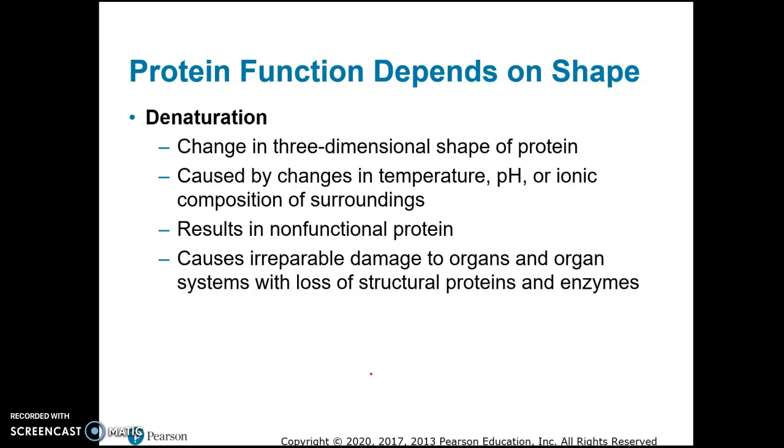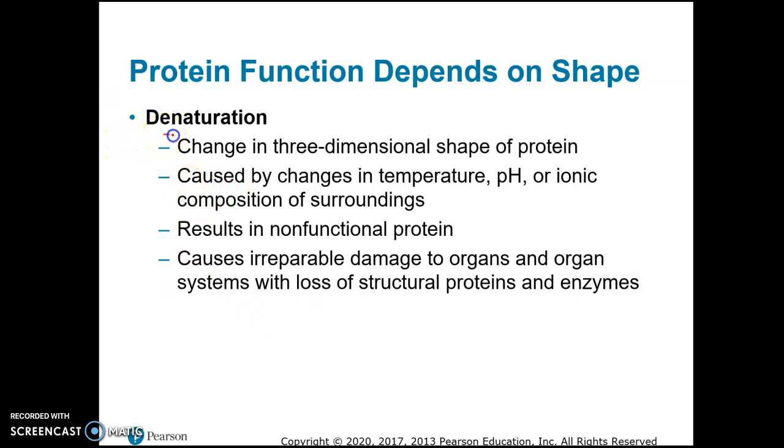Denaturation, you need to understand the information on this slide because you definitely need to be able to explain why it is important for a protein to have a specific shape and specific tertiary and quaternary levels of structure. Because if this shape changes, we call that denaturation.